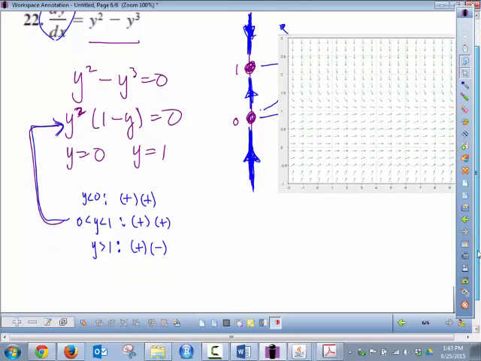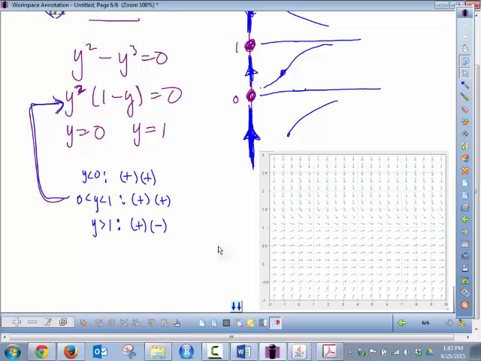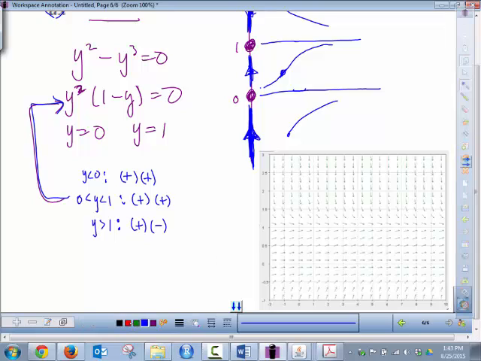But more interestingly, if we were to draw a bunch of solution curves, we can already begin by having asymptotes at 0 and 1.